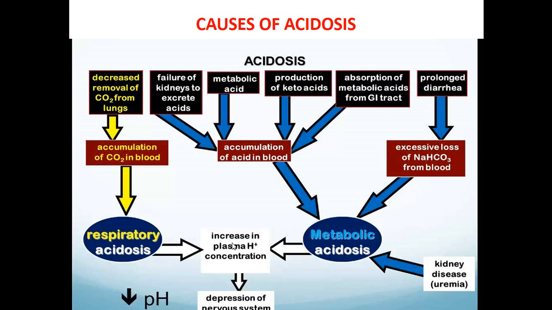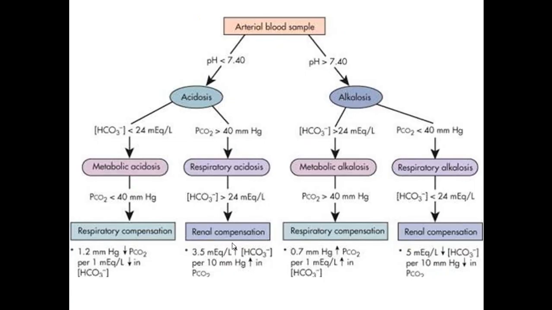What are the causes of metabolic acidosis? All these things are present in this diagram, and you will see the list of these things in your book also. This was all about the compensation: what is meant by alkalosis, what is meant by acidosis, and how acidosis and alkalosis are neutralized or compensated by the body.